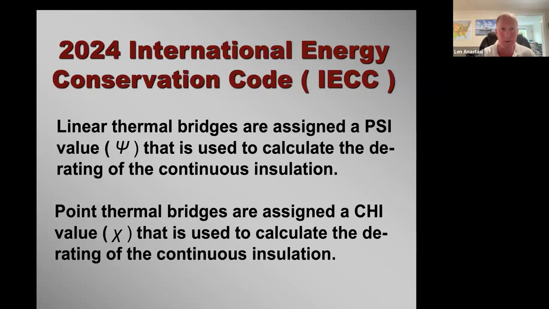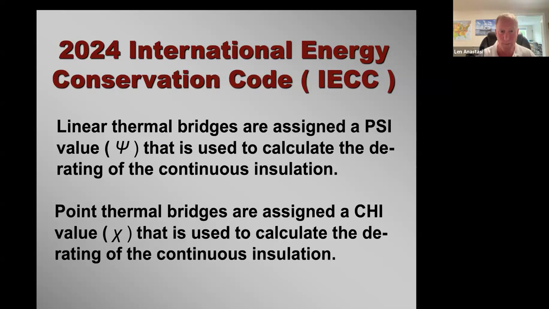So under the International Energy Code, your linear thermal bridges are assigned what's called a psi value, and the symbol for it is this italic trident, and your point thermal bridges are assigned a chi value, and that's a subscript italic X. You'll see that used.